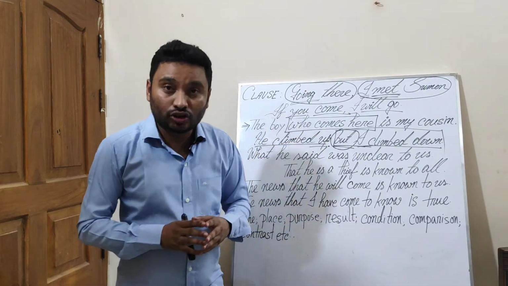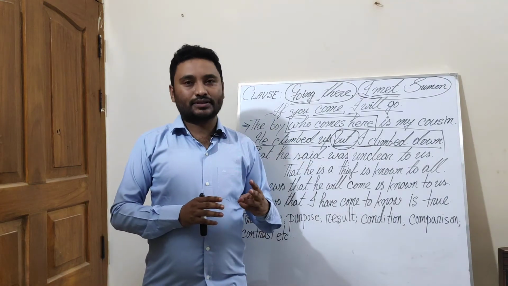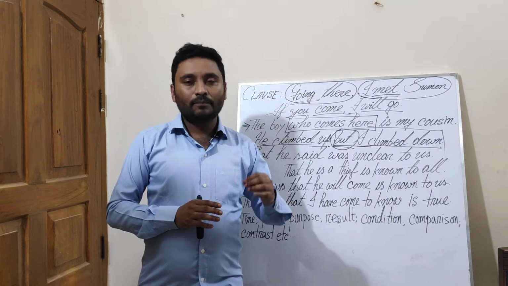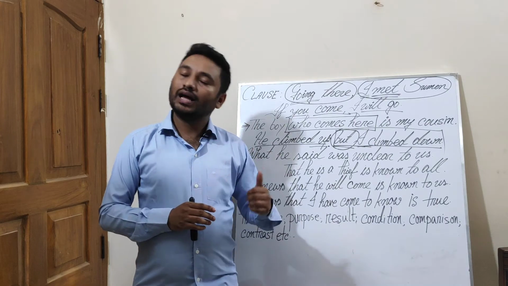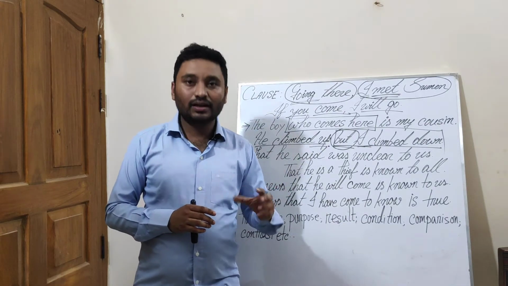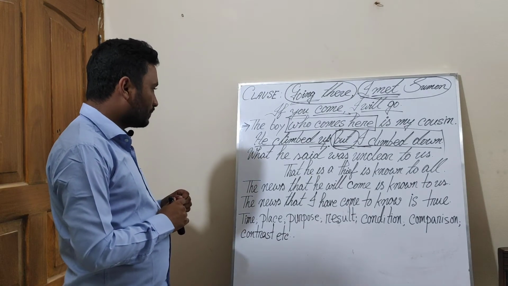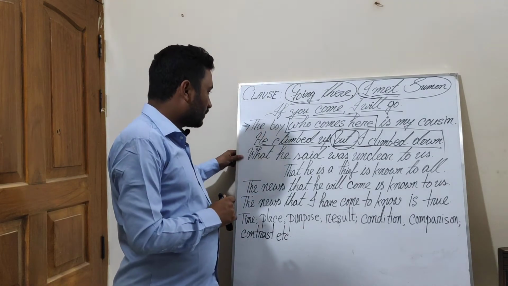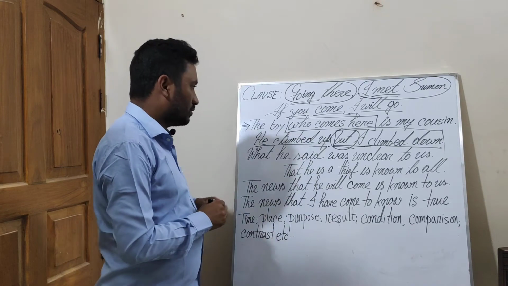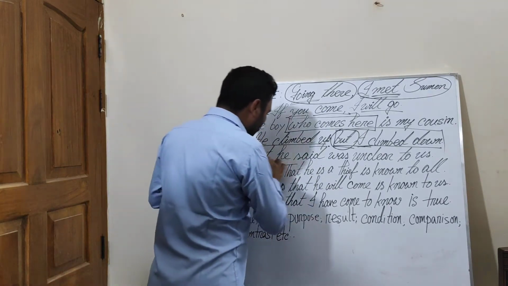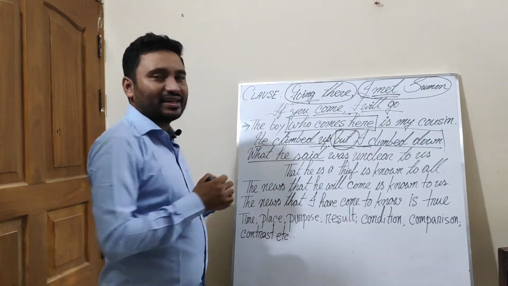These subordinate clauses are of three types. They are noun clause, adjective clause, and adverb clause. Come to the very next example. Here I have written, what he said was unclear to us.